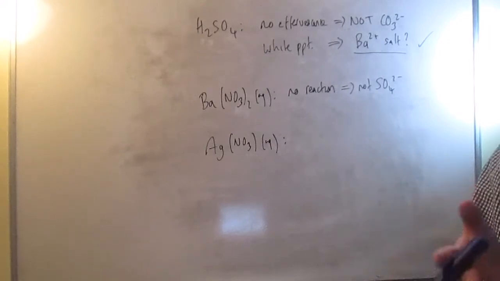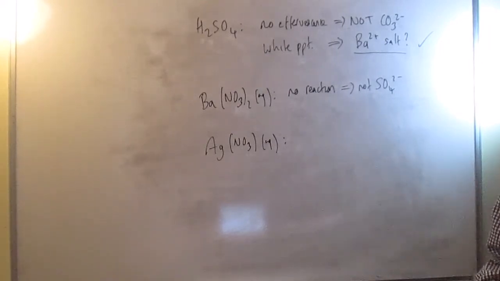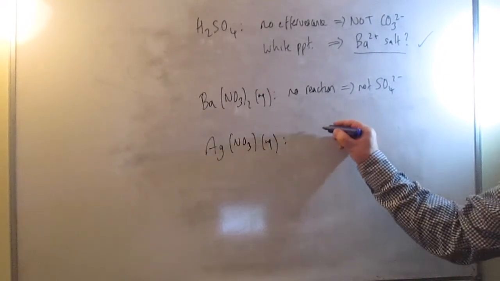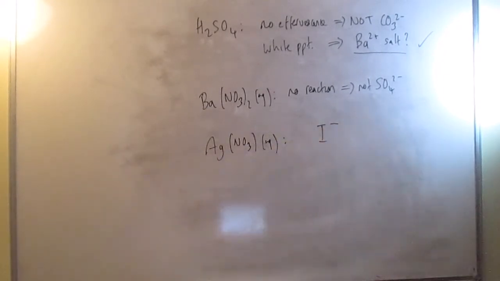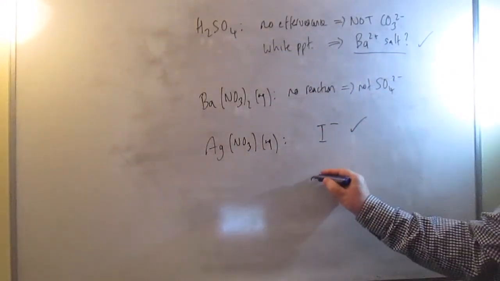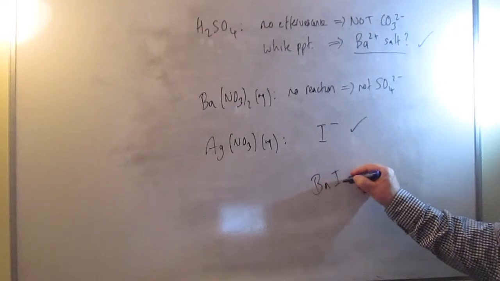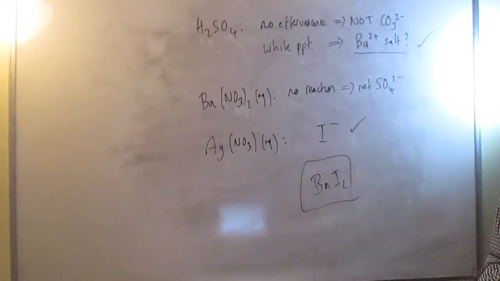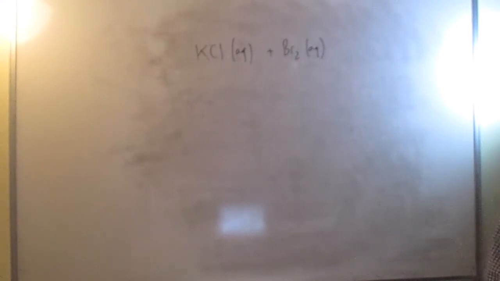So if the precipitate is insoluble in concentrated ammonia, it can only be the iodide, and therefore it must be an iodide ion. So we have the barium and the iodide, which means that BaI2, barium iodide, is the right answer, which was D.